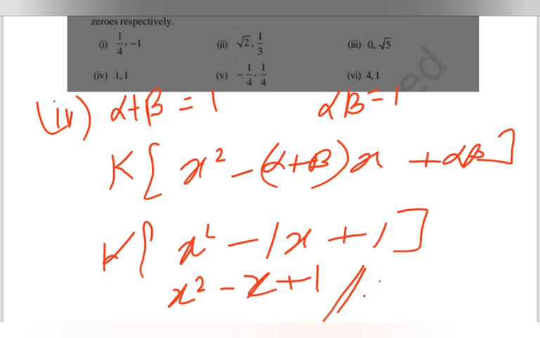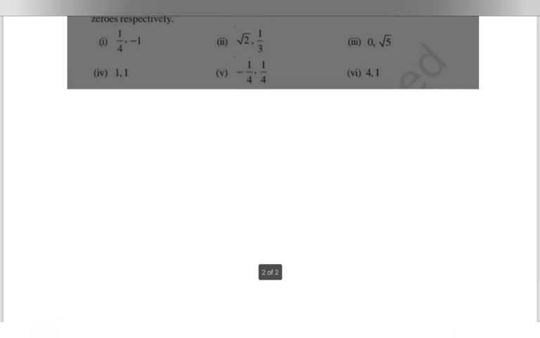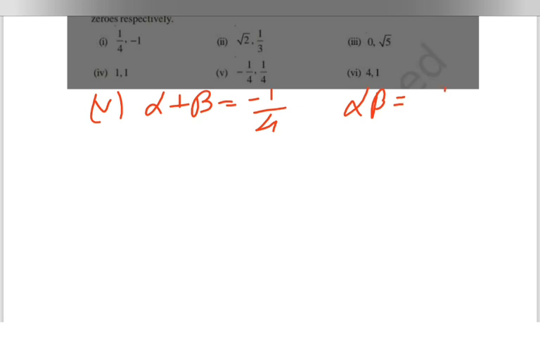Let's go to the fifth sum. Fifth one, alpha plus beta is given as minus 1 by 4 and alpha beta is again 1 by 4.